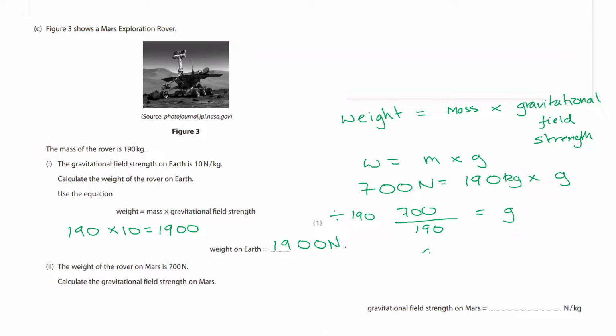On the calculator, 700 divided by 190 gives 3.68 recurring. So we'll shorten that to 3.7 newtons per kilogram. Mars is actually smaller than the Earth, so it has a lower gravitational field strength.